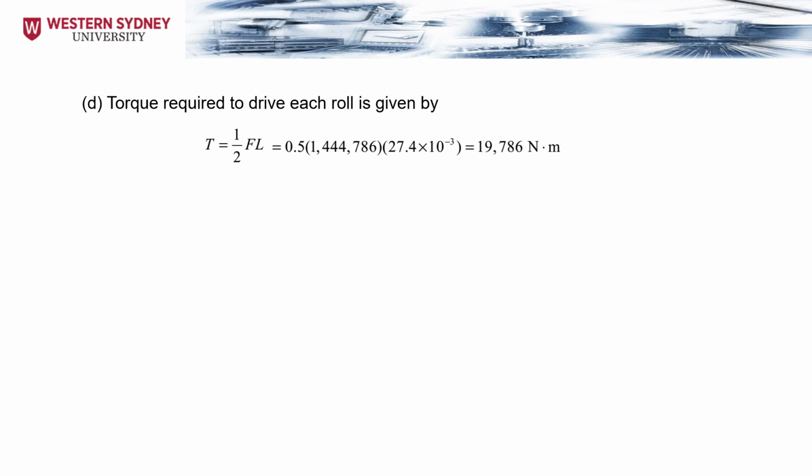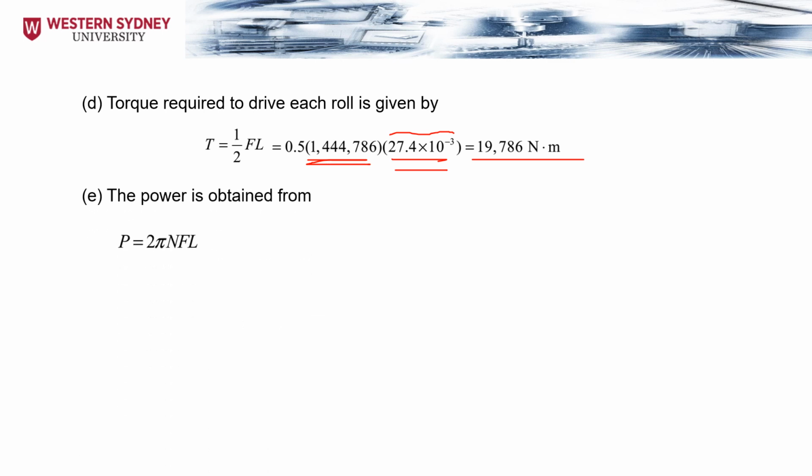Because I need to change that into meters from millimeters, because the torque is going to be in Newton meters. So I'm going to get 19,786 Newton meters. Now I need to find the power. The power is equal to 2 pi N multiplied by F multiplied by L. Of course, I need to do some changes here.